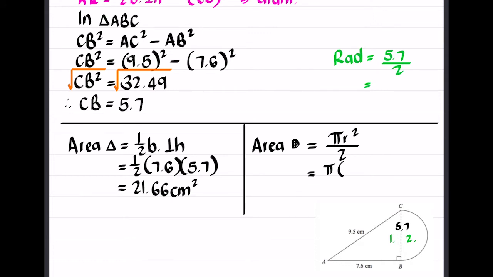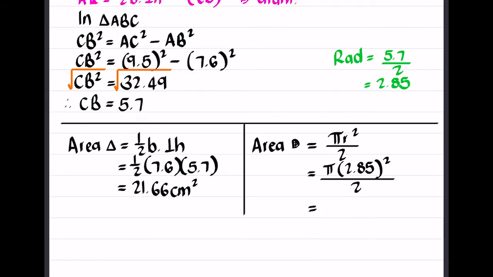So the radius of this circle is 2.85. So I have 2.85 squared, but it's a semicircle, so I need to divide the area by 2. Alternatively, I could have just calculated the area of the circle as is and then divided it by 2. But I get the answer for the area of the semicircle being 12.759.